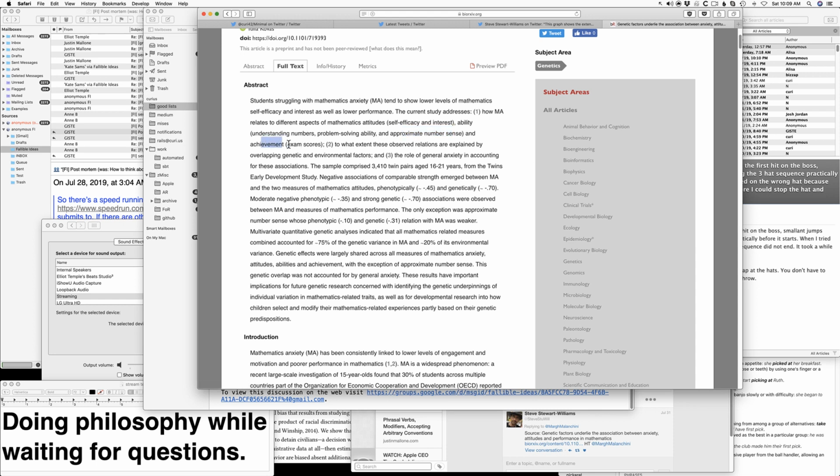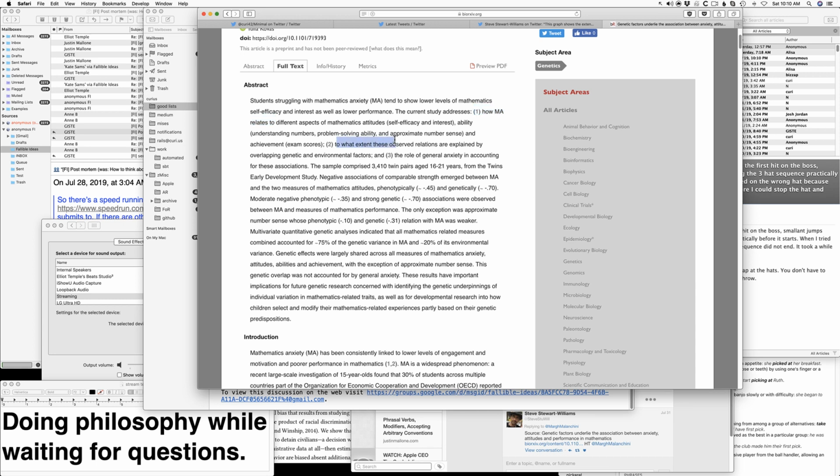And achievement means exam scores. They say how it relates to, but I think what they mean by relates here is not what the relationship is, but how much of a correlation there is. That's my guess. And they're hiding that. They're not making that clear so far.